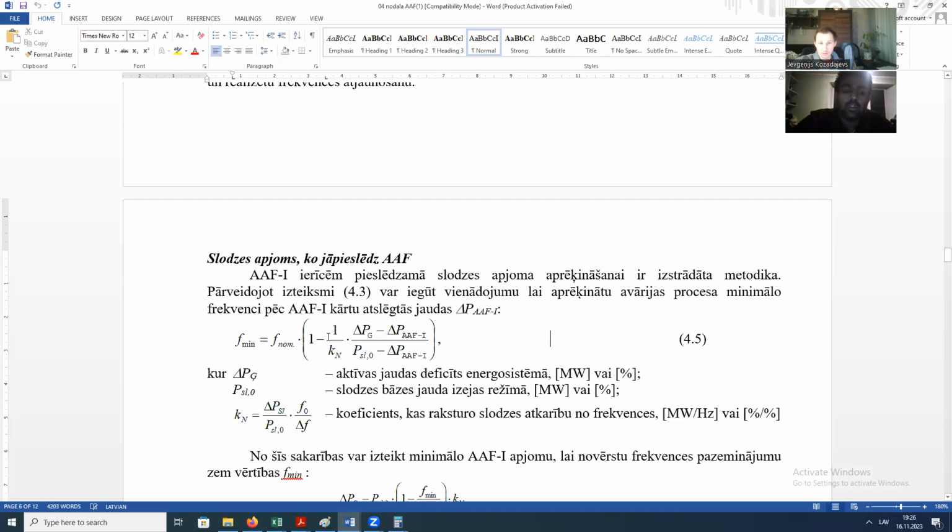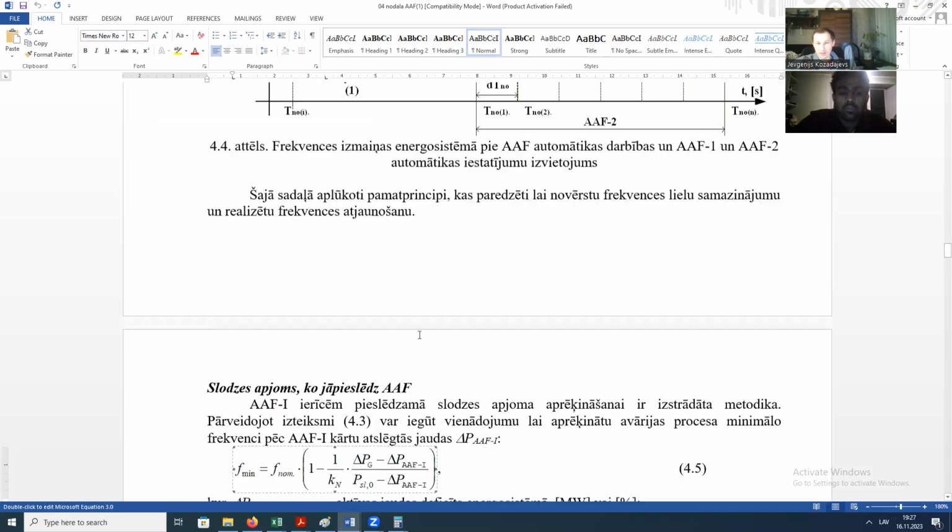What does it mean? In the formula we have parameters like deficit, delta P generation, what we lost, and delta P AAF, the under frequency, how much power of consumers is connected to the under frequency automation.